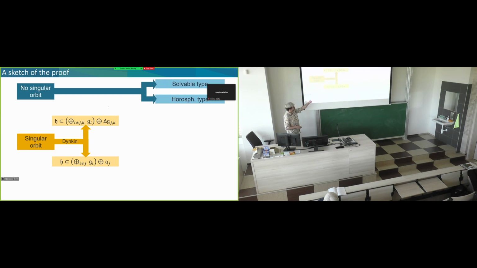So if we consider the decomposition of the semisimple Lie algebra into simple ideals, a maximal proper subalgebra basically looks like this, that is all the simple ideals but one, and then one maximal proper subalgebra of this remaining ideal, or all simple ideals but two, and then a diagonal subalgebra on these two remaining ideals.